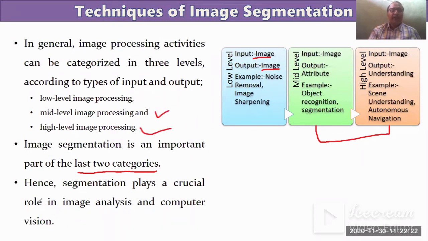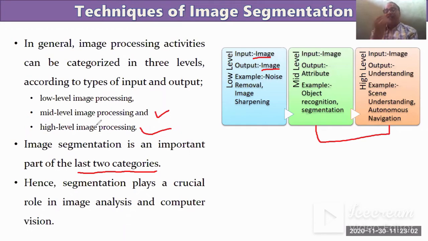Hence segmentation plays a crucial role in image analysis and computer vision. We can say that this is the first step for mid level and high level. आपण असं पण म्हणू शकतो की it is a first step, म्हणजे पहिली महत्वाची स्टेप आहे, पाया आहे, लक्षात घ्या. So it is important for the high level and mid level image processing. Without segmentation you cannot proceed further. तुम्हाला पुढे जाता येणार नाही, कारण तुम्ही इमेज अनालिसिस करायचे किंवा इमेज ऑब्जेक्ट रिकग्निशन करायचे तर तुम्हाला त्याचं पार्ट डिवाइड करावं लागेल, सेगमेंट करावं लागेल, पार्ट काढावा लागेल आणि तो पार्टचं कॅरेक्टरिस्टिक फाइंड करावं लागेल आणि कॅरेक्टरिस्टिक फाइंड केल्यानंतर तुम्ही तो आयडेंटिफाय करणार आहे ऑब्जेक्ट.